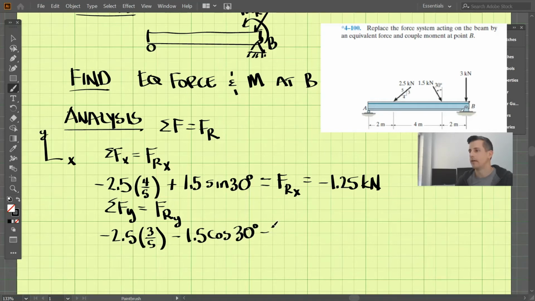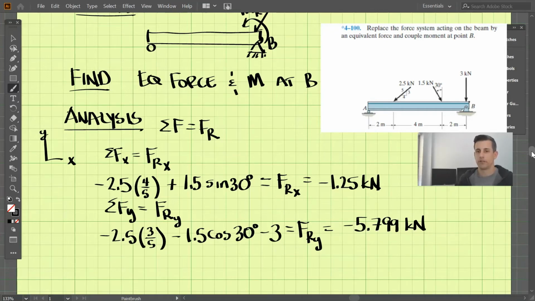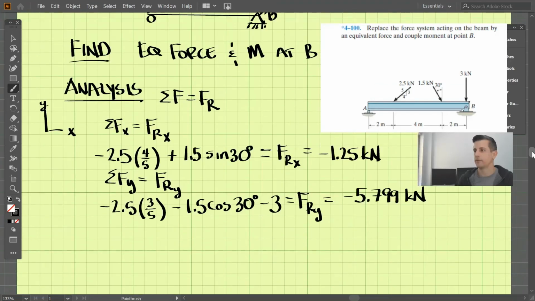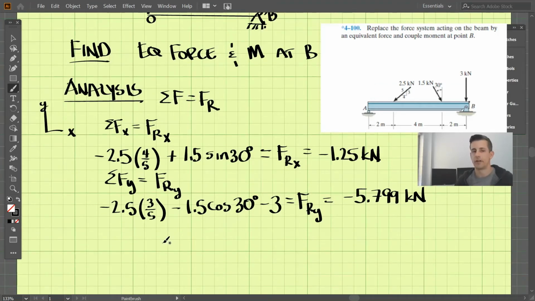Lastly, we have the 3 kilonewton force, which is pointed directly downwards. That comes out to be negative 5.799 kilonewtons. I'm leaving a few more decimals on here.